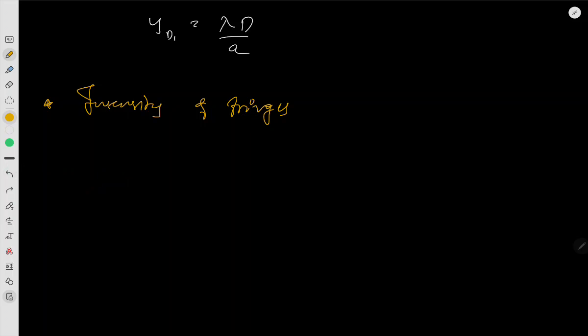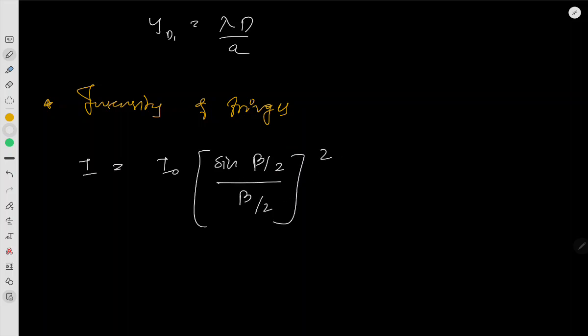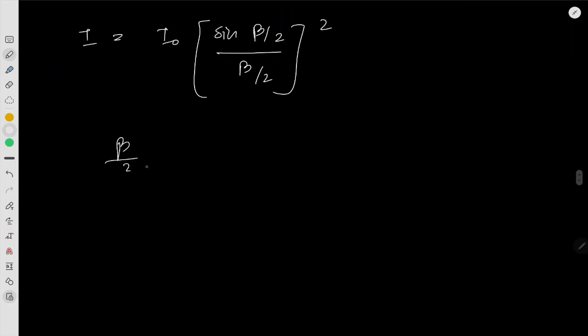There's this huge formula: I equals I naught into sine of beta by 2 upon beta by 2, the whole square, where beta by 2 is equal to pi a sine theta upon lambda.